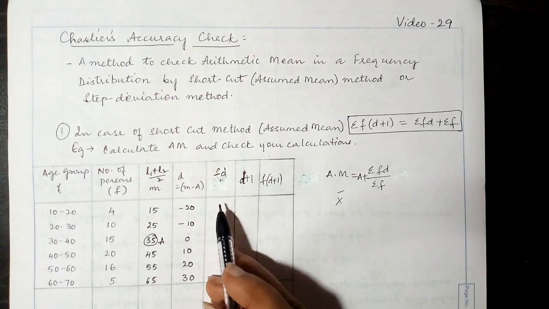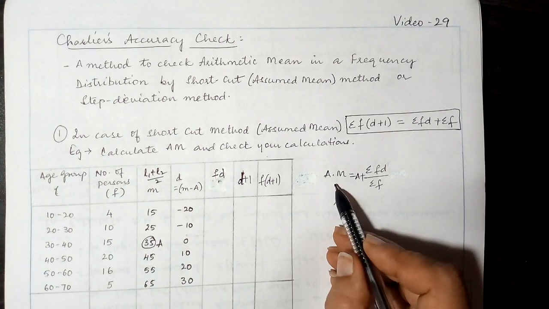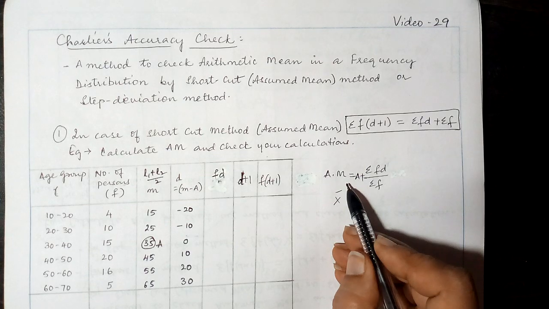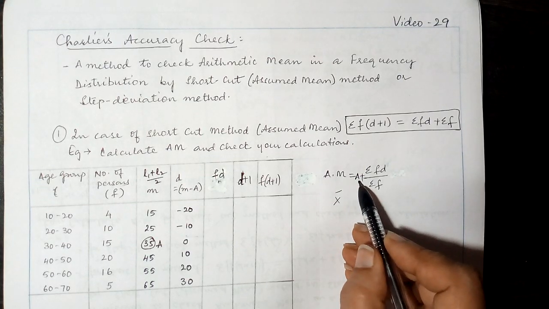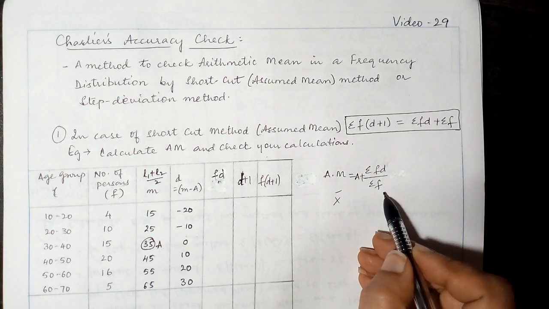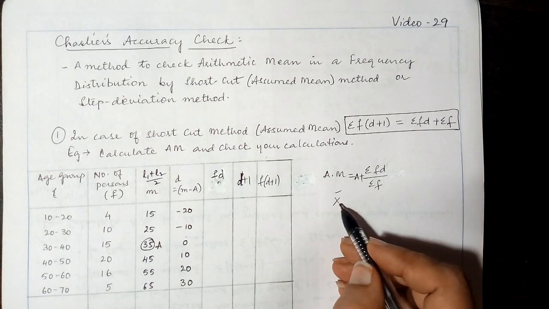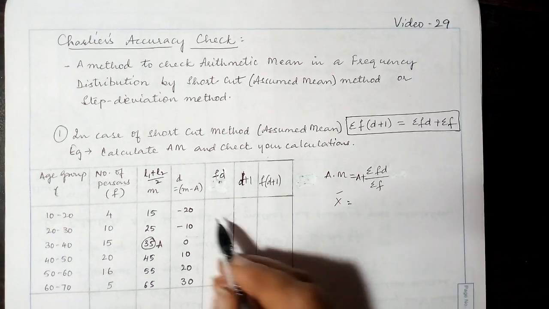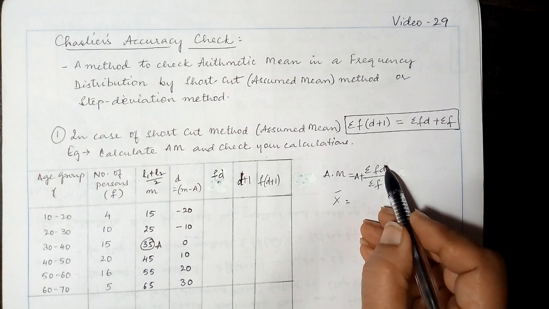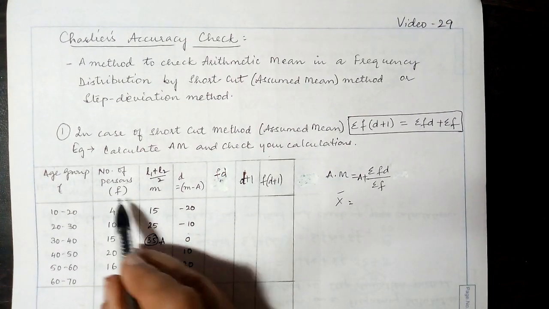Now let's calculate fd, because the formula to calculate arithmetic mean for the shortcut method is given by A plus sigma fd by sigma f. So X bar will be equal to that, and we need fd over here. F is here and d is here.